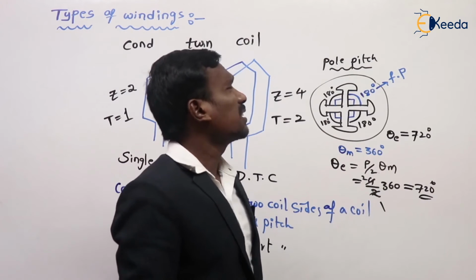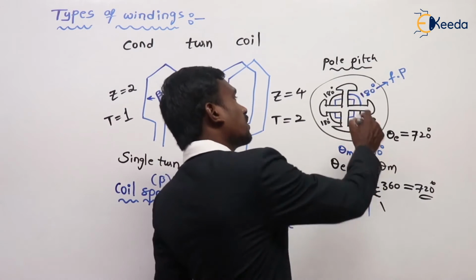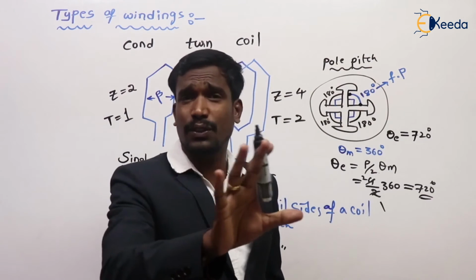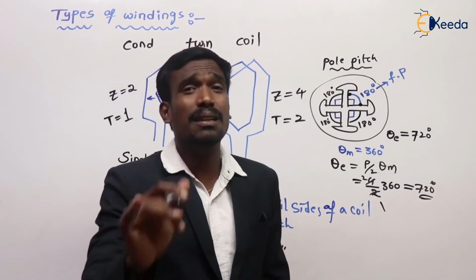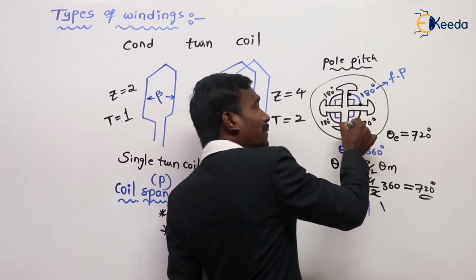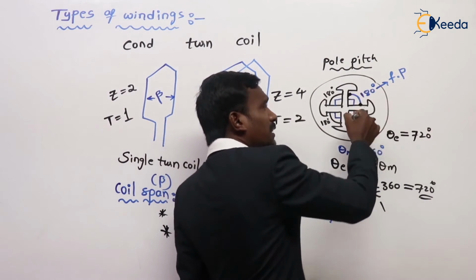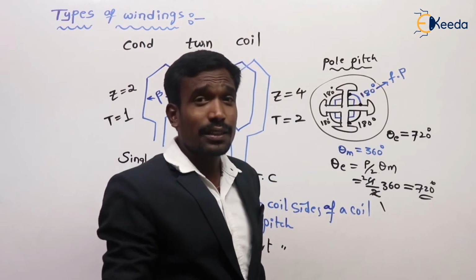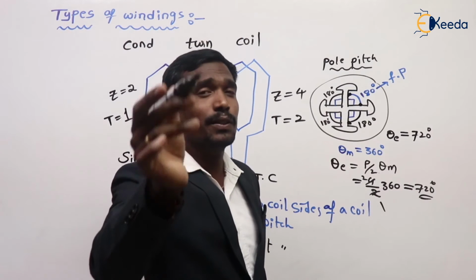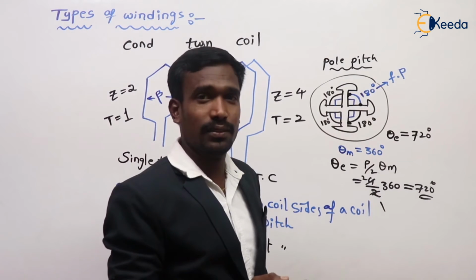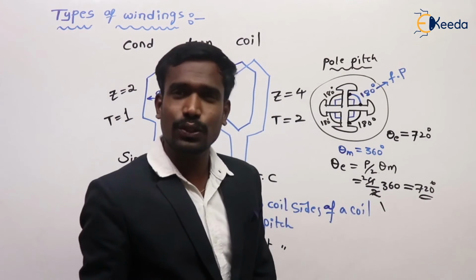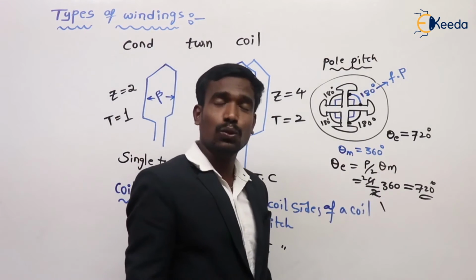This is the pole pitch, the distance between two adjacent poles. Don't say distance between two poles. This is a blunder, because two poles you may take from here to here, since these are two poles. The distance between two adjacent poles is the correct answer. Distance between two poles is a blunder mistake.